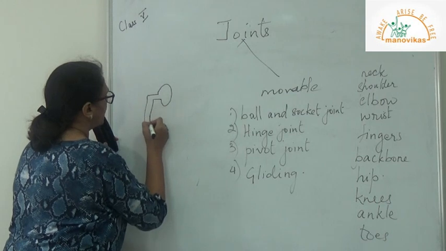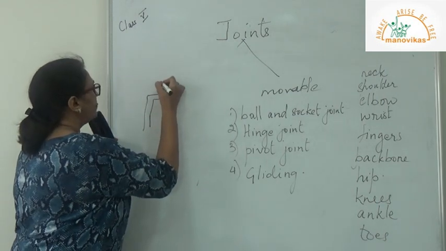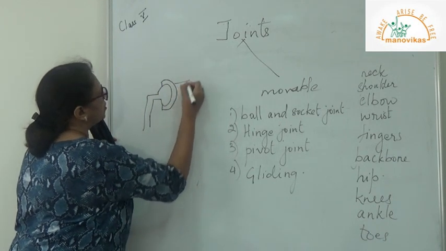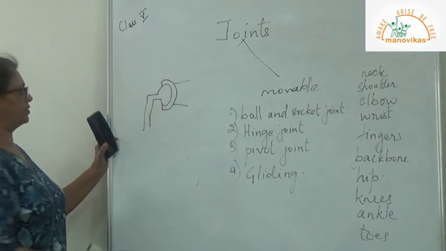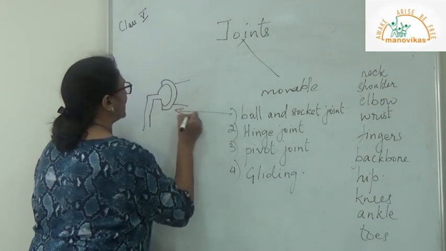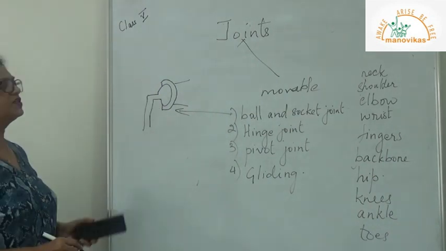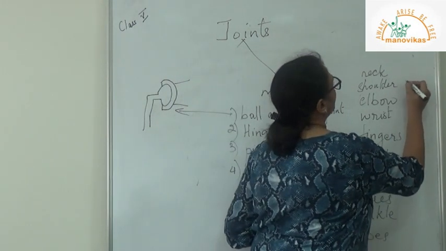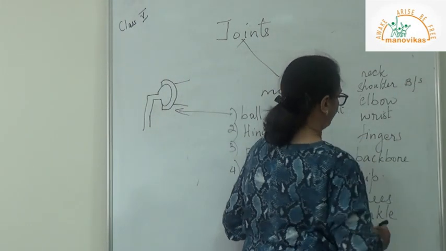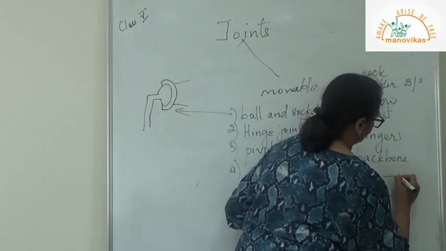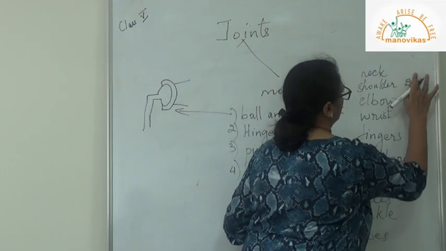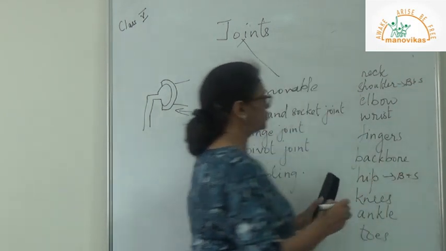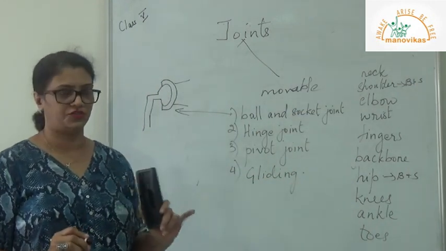So this is the ball and socket joint. And where do we have it? The ball and socket joint is present in our shoulder and the hip.